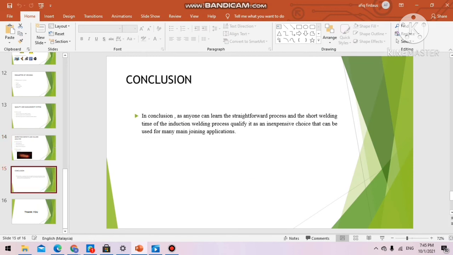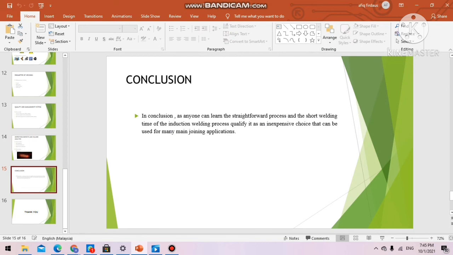In conclusion, the straightforward process and the short welding time of the induction welding process qualify it as an inexpensive choice that can be used for many joining applications.